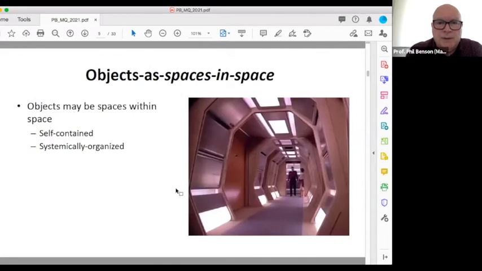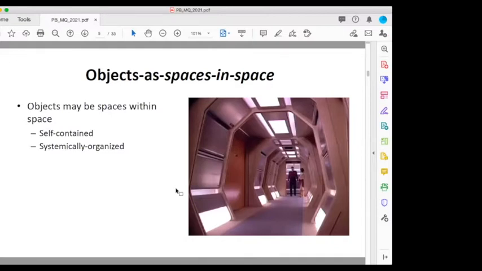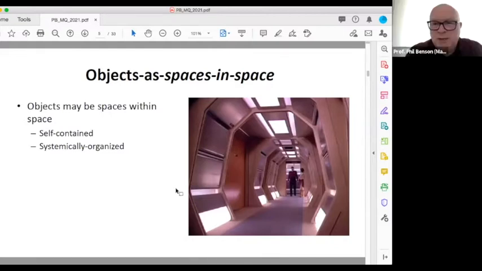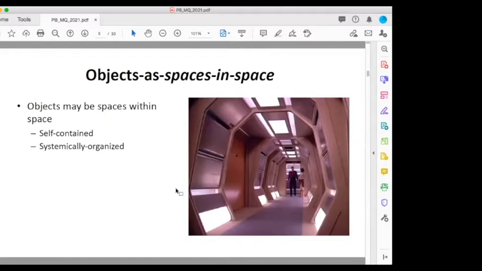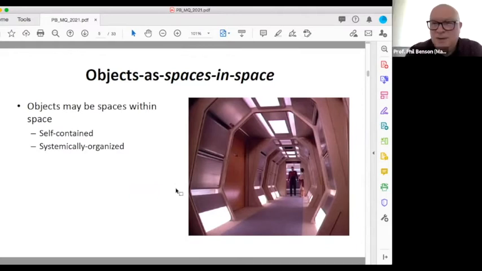Now, a slight modification of that is also that objects exist in space, but objects can also be spaces in space. So now we're looking at the interior of the Starship Enterprise, and we can see that inside the Starship itself, we have a space.